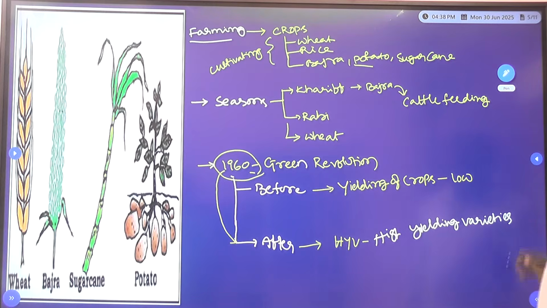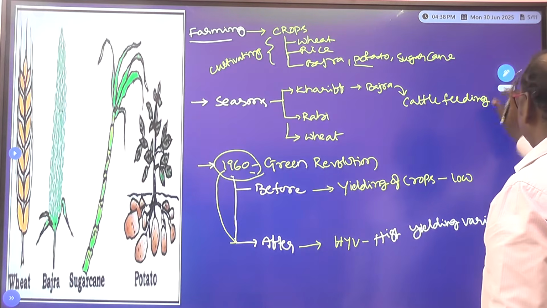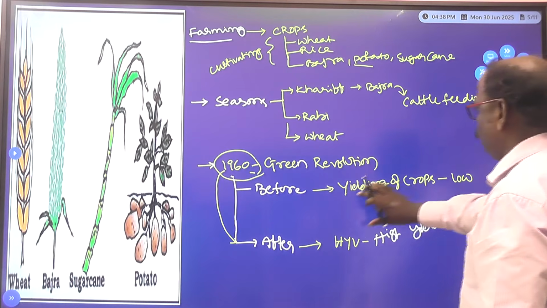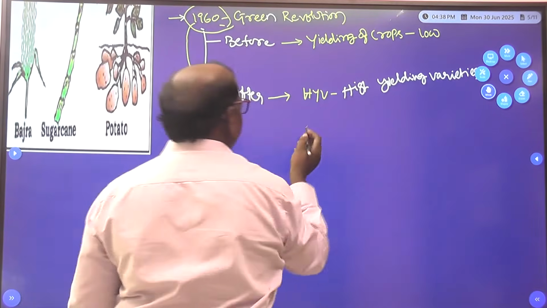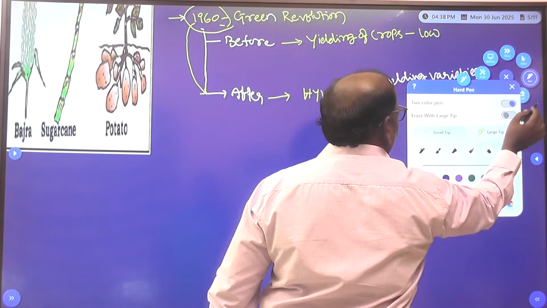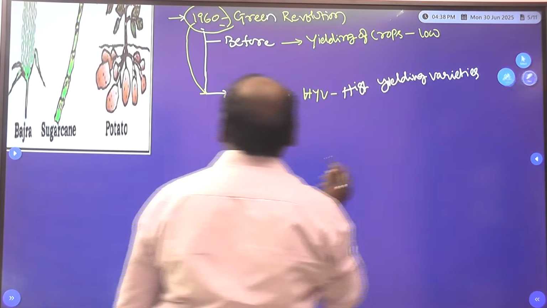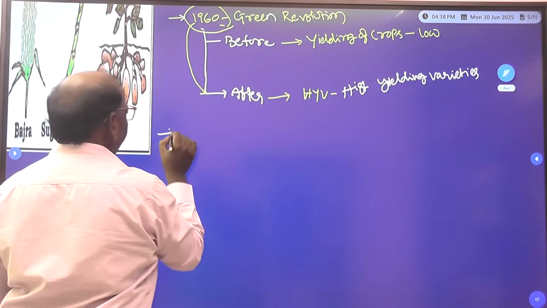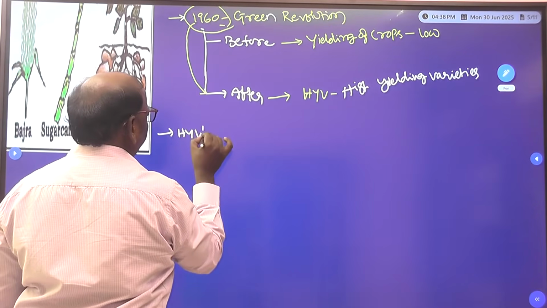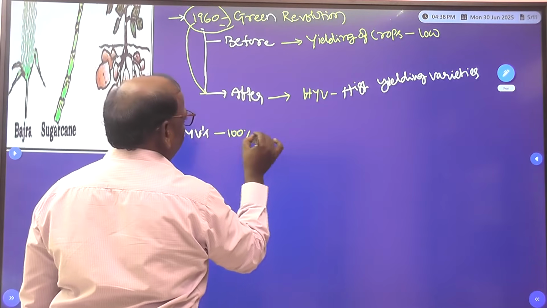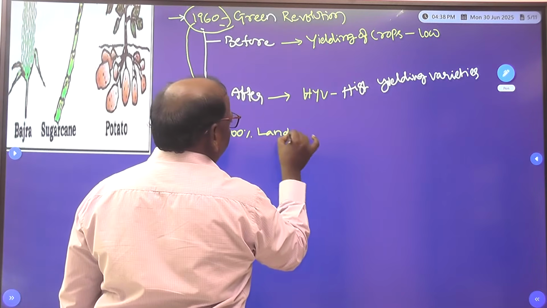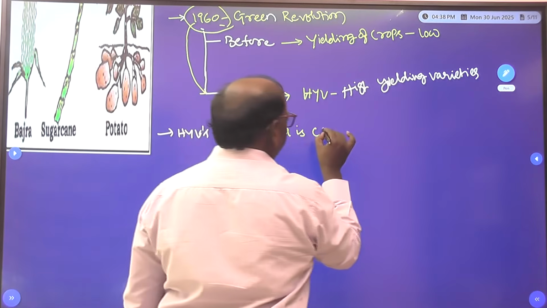With the help of these seeds, with the help of these HYVs, people are cultivating. 100% of the land is cultivated.